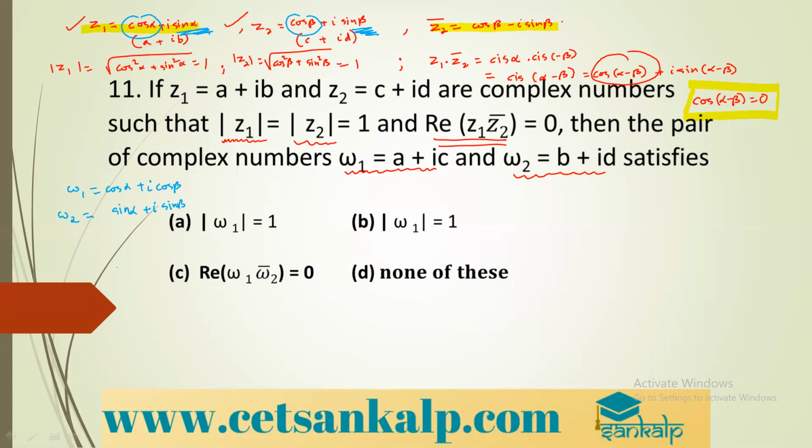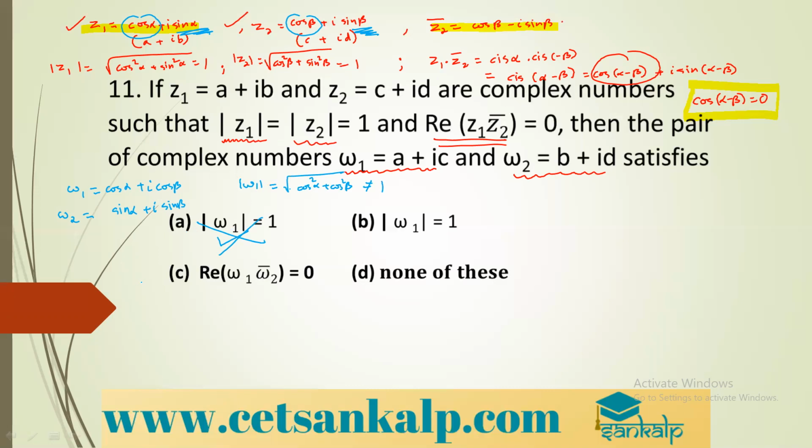Now, they did not ask me anything, but in the options you can see absolute value of W1 equal to 1. Obviously, absolute value of W1, square root of cos square alpha plus cos square beta, cannot be 1. So this option is wrong.